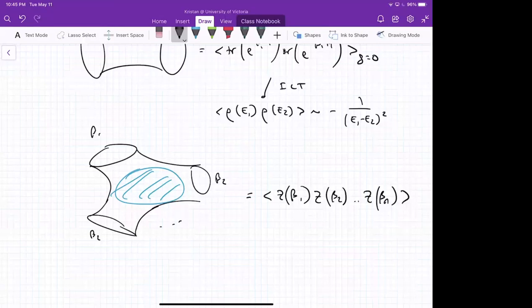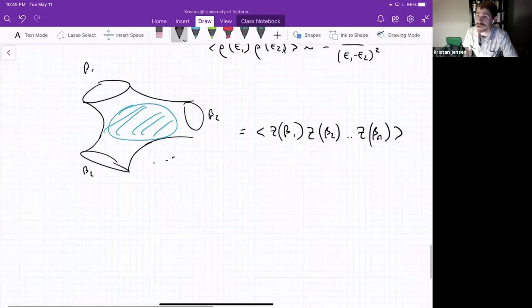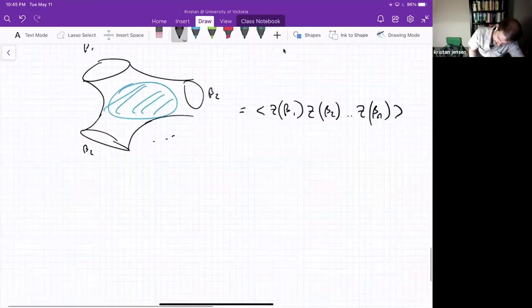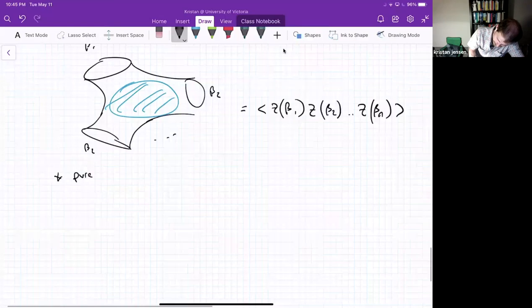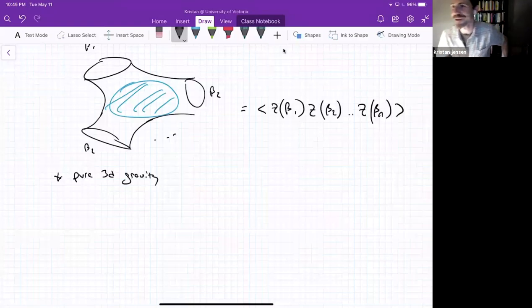Okay. So that was JT. In pure 3D gravity, there's a very long story about whether pure 3D gravity exists as a consistent theory of quantum gravity in its own right, without any stringy degrees of freedom or extra dimensions.